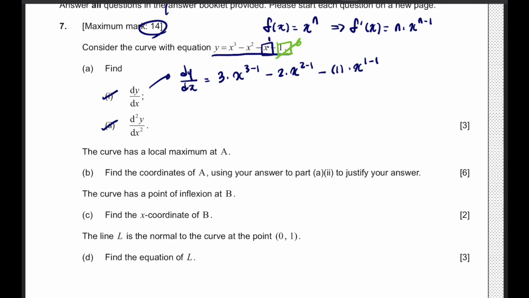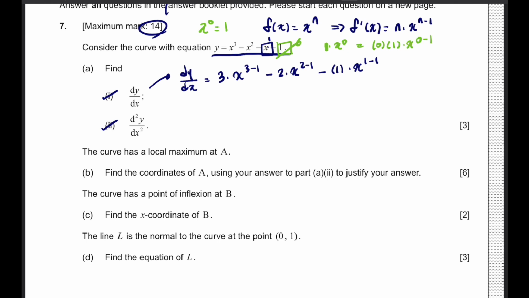For the 1, we know that we can just cancel it off. The logic behind this cancellation is that there is an x to the power of 0 hidden with this number, and x to the power of 0 is anyway equal to 1, so it doesn't really alter the equation. When you differentiate this part, it is the same as 0 times 1 times x to the power of 0 minus 1.